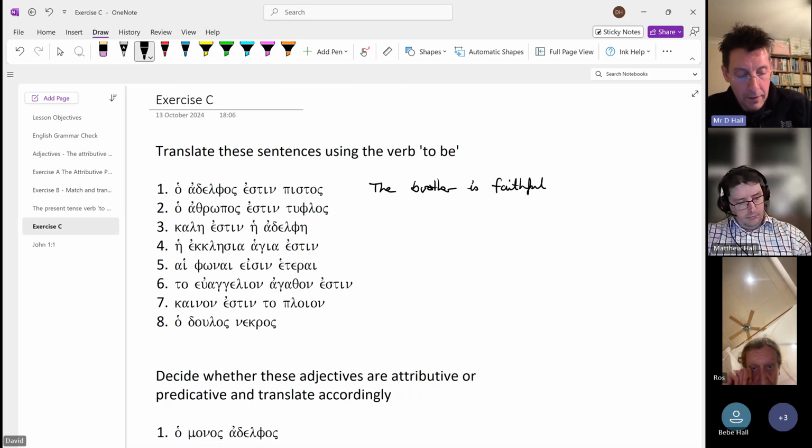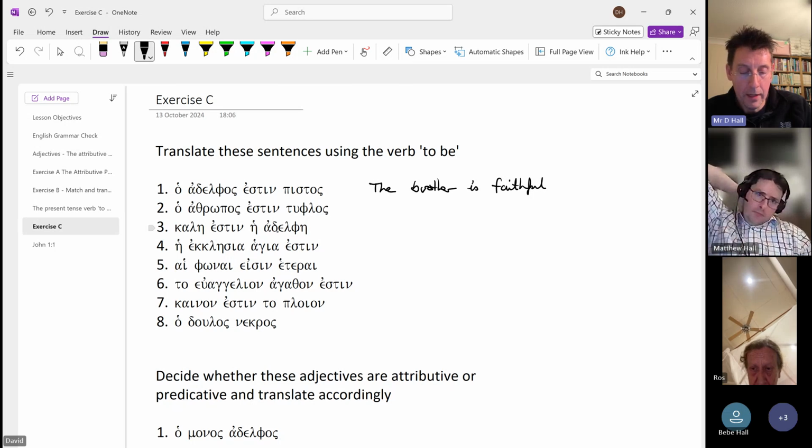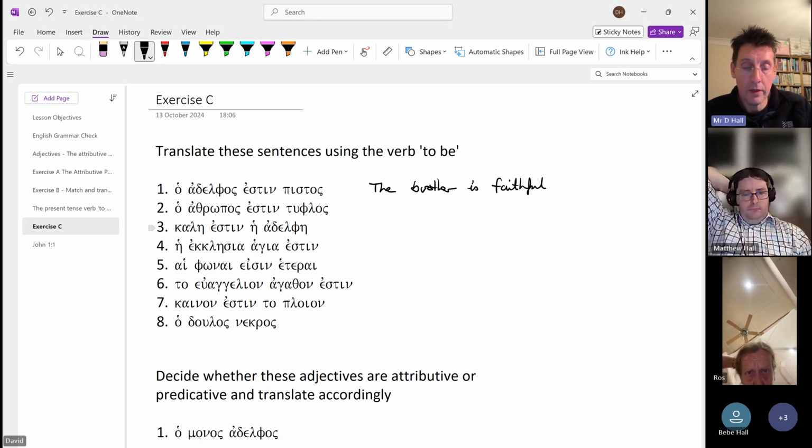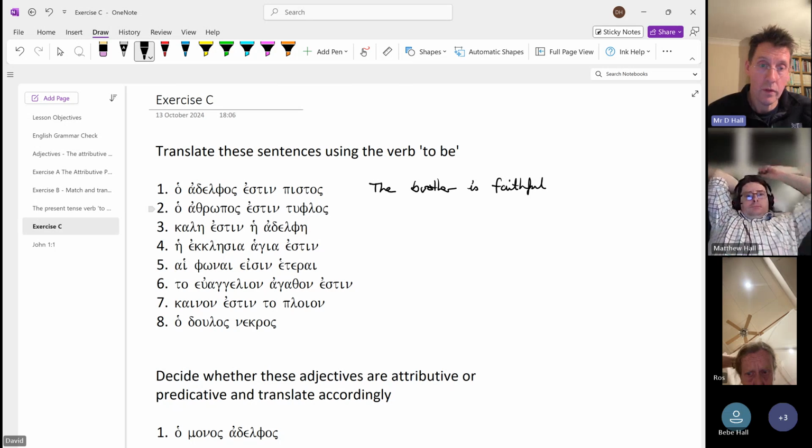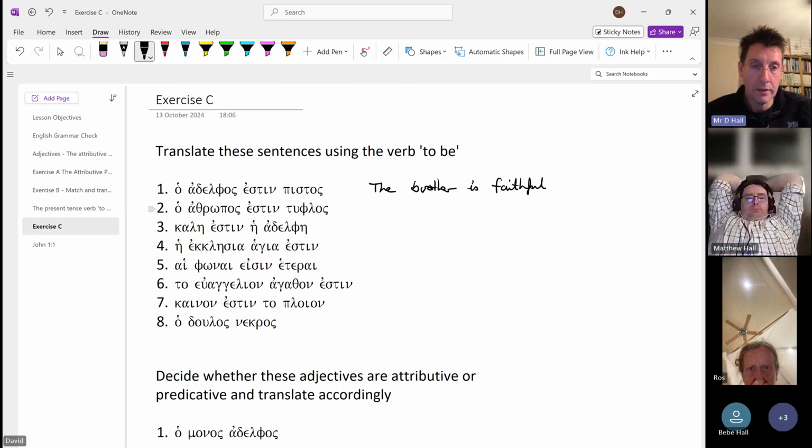If we look at number 3, and then you can do number 2, because number 2 is similar to number 1. So we've got kale estin he adelphe. So he adelphe has the article, so that must be the subject. Kale, although it comes before the noun, doesn't have the article. It is the complement.